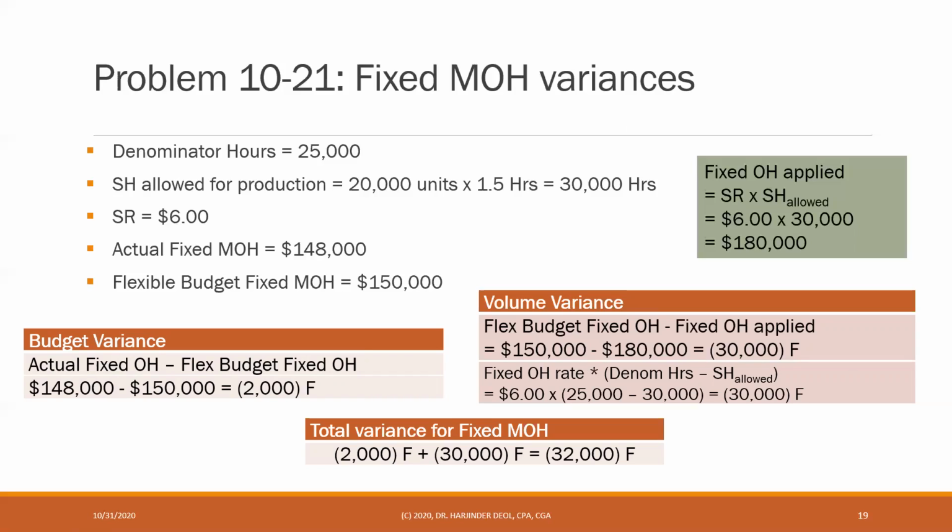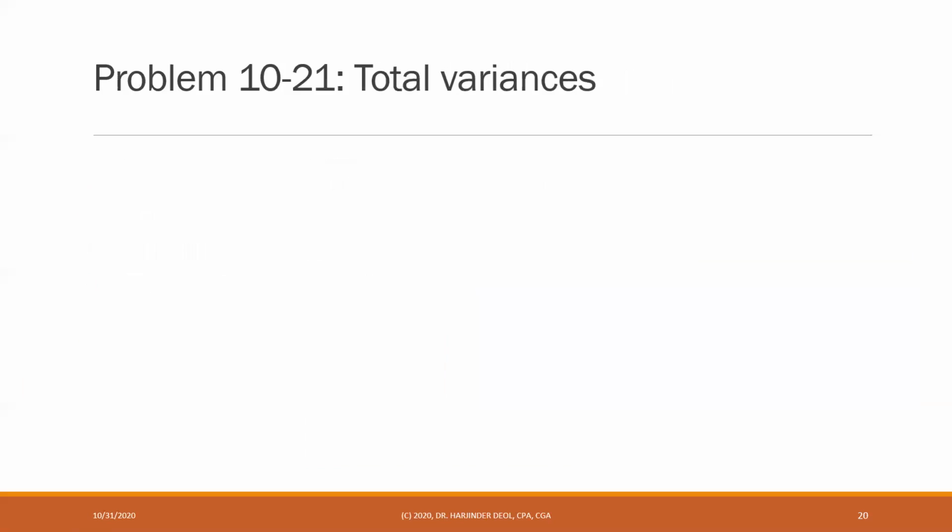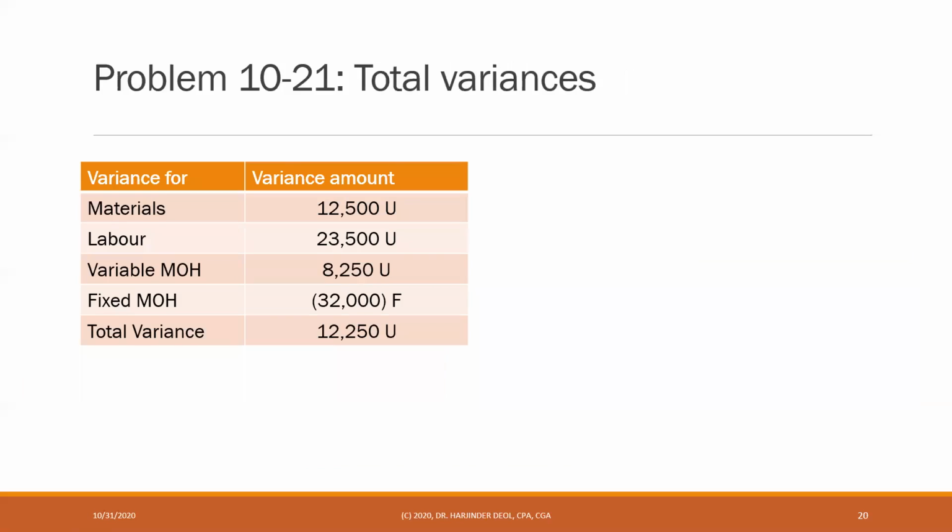If we were to add up all of the variances that we've computed, so for materials, we had a $12,500 unfavorable variance. For labor, it was $23,500 unfavorable. Variable manufacturing overhead, we had $8,250 unfavorable.